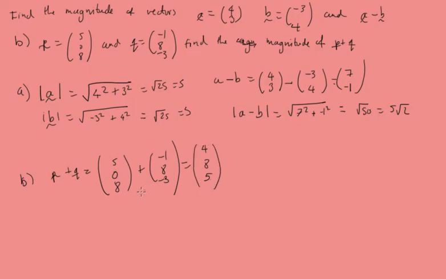Now we do this in exactly the same way as we do with a two-dimensional vector. This time we just have 3 values in here. So we have 4 squared plus 8 squared plus 5 squared, which is root 150, and we can't really simplify that anymore, so we'll just leave it like that.